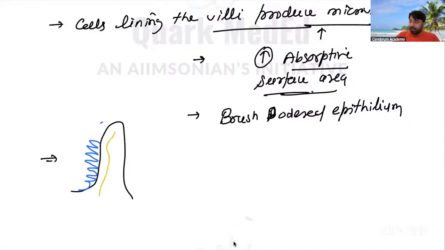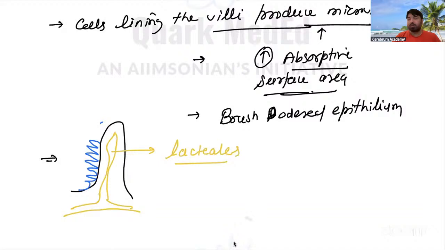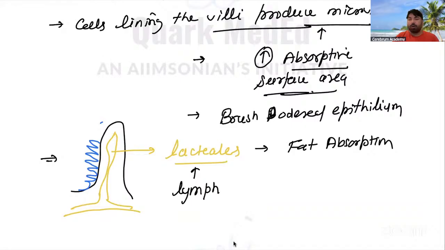And inside this villi, there will be this vessel, which is called lacteal. And you know what these lacteals do? They help in fat absorption. So lacteal contains lymph. You know what lymph is?